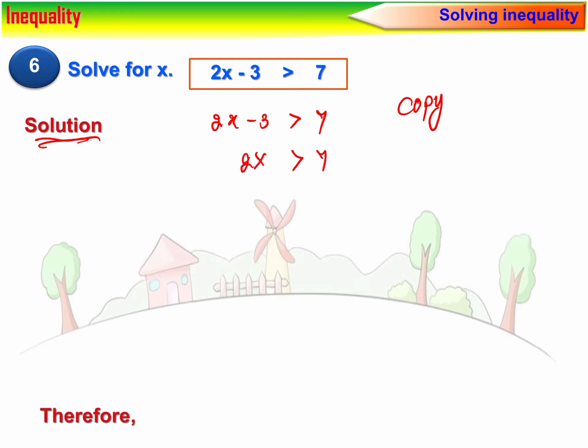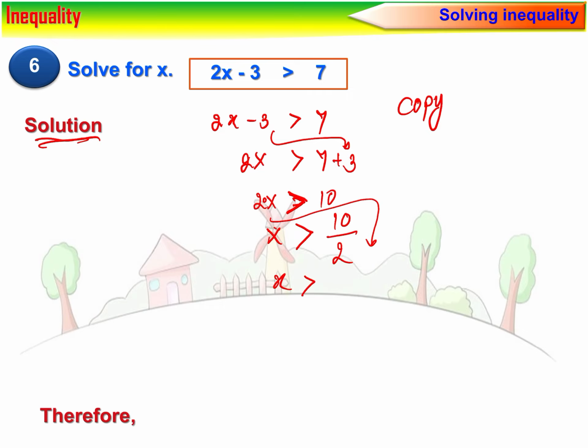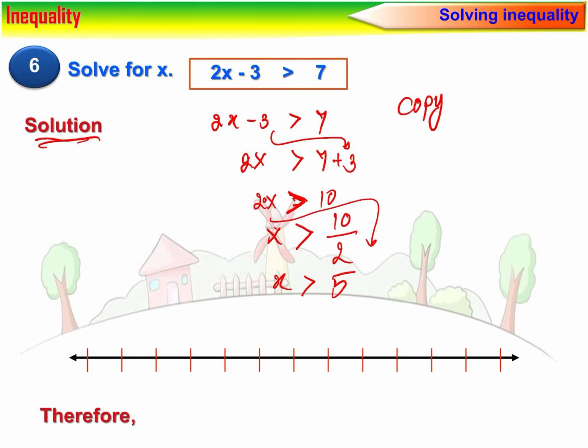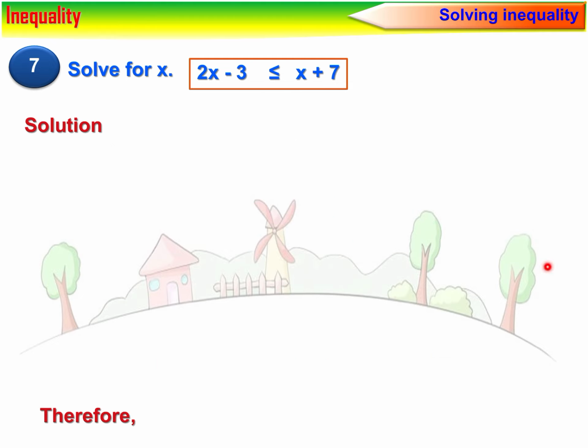After you have the solution here, you take 2x greater than 7 plus 3, 10. The 2 times x on the left hand side goes to the right and is divided by 2, so x is greater than 5. And then you draw a diagram, or what we call a graph, right?